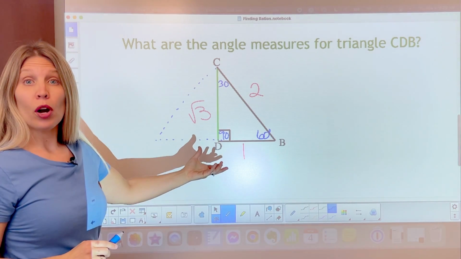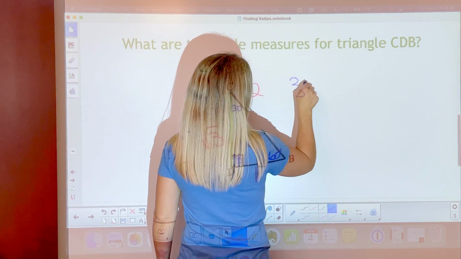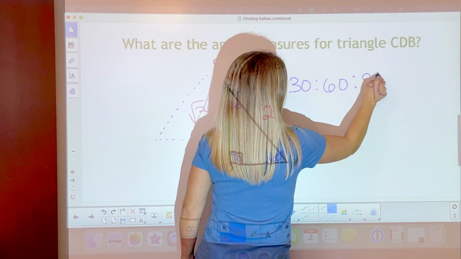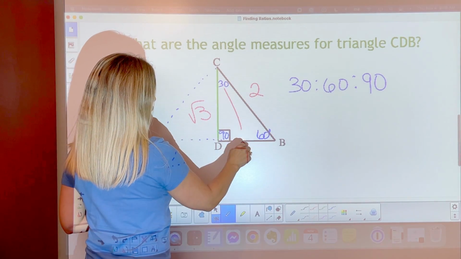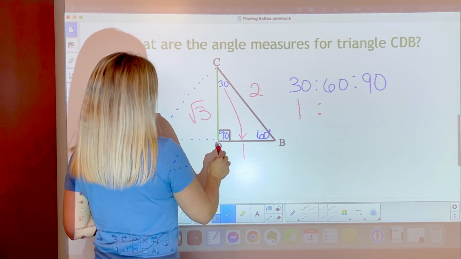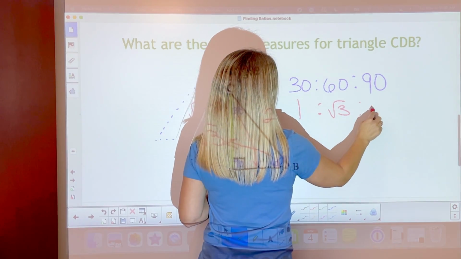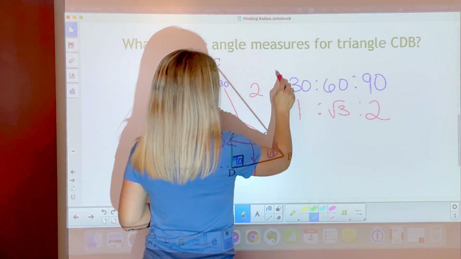So now how do our degrees and our ratios line up together? So we have 30, 60, 90, these are the degrees, and which sides correspond? So it's always across from the angle. So 1 goes to the 30 degrees, the 60 is your square root of 3, and your 90 is 2.